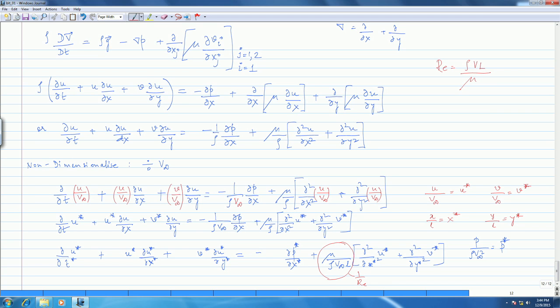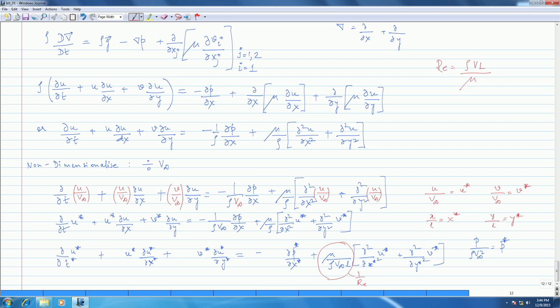So, we have come up with an equation which has the Reynolds number included, and that is important to us, because we did say that the boundary layer behavior depends on Reynolds number, whether it is laminar, turbulent, or even creeping flows with Reynolds number less than 1, and so on. So, Reynolds number is now included. Is that a good thing or a bad thing? We will find out very soon.